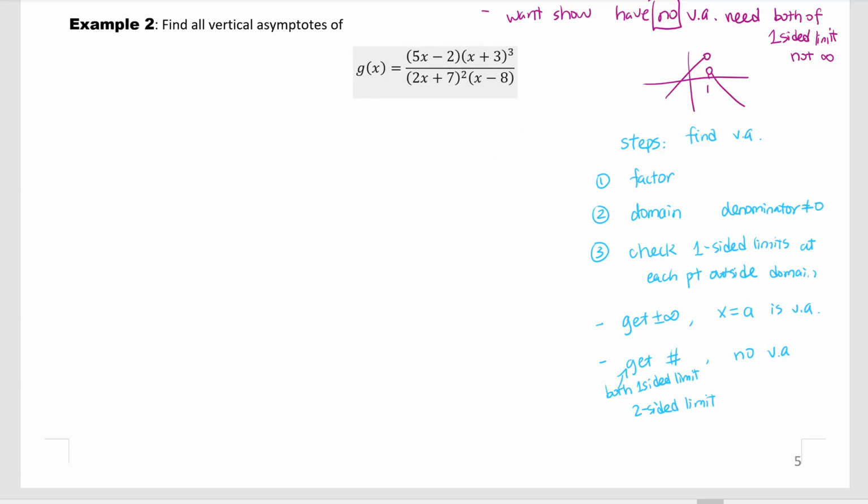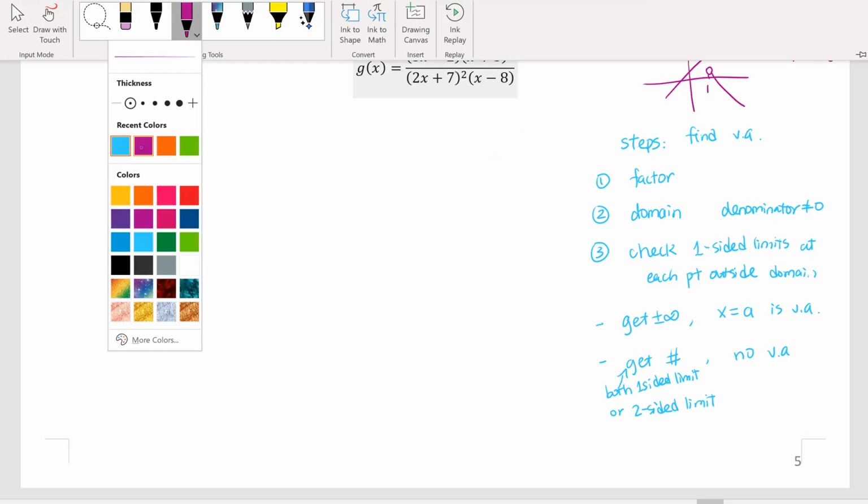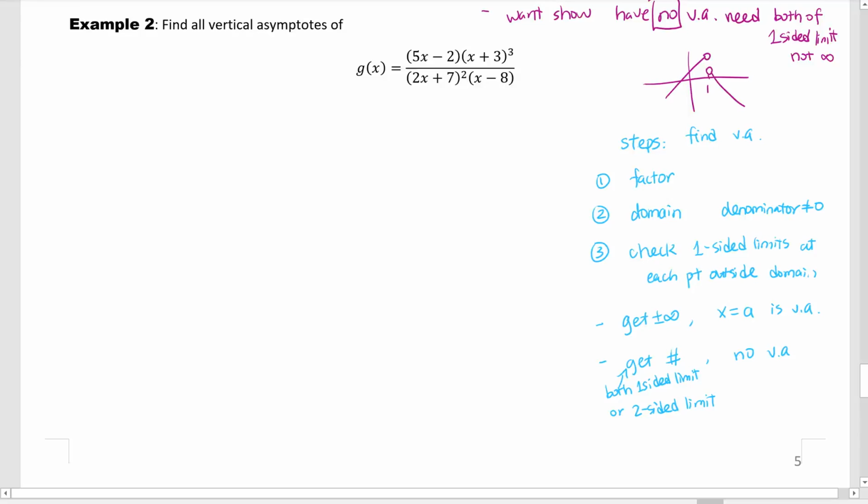Oh, my slash there looks like a 12, so let me just put it as "or". Okay, so let's follow the steps and solve our problem. First, factored: it is already factored. Second, domain. So what is the domain?